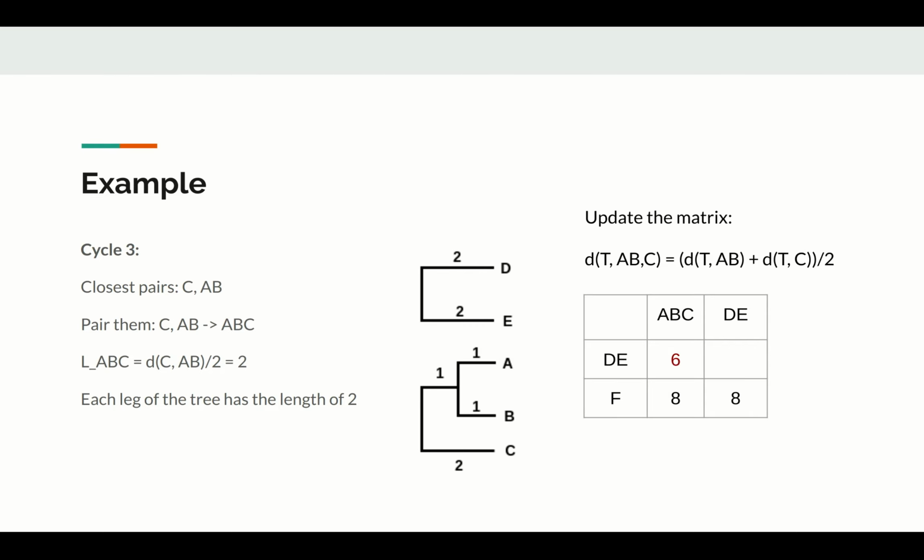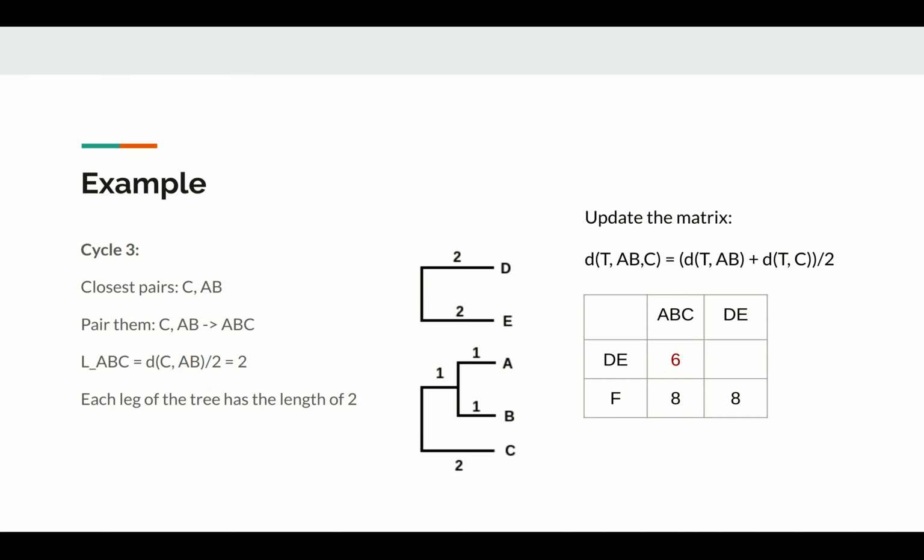Again, we still have two subtrees which will be merged later, and we see that the length of this is again 2, because the distance between AB and C was 4, but since A and B already had a distance of 1, we only need 1 length before the new branch hits AB. So we arrange it in a way that the distance of A to C is still 4, B to C is still 4, and these distances are maintained.